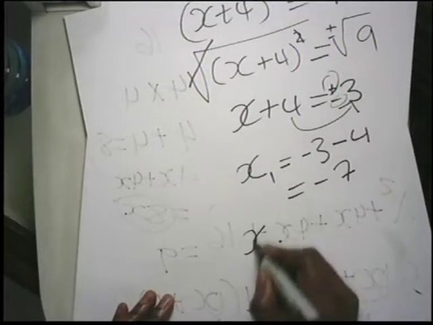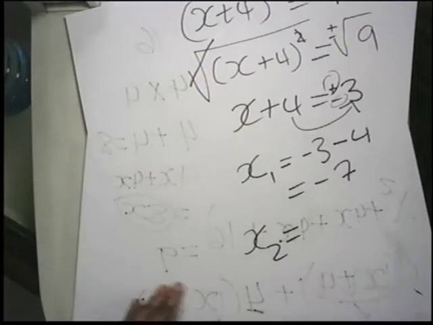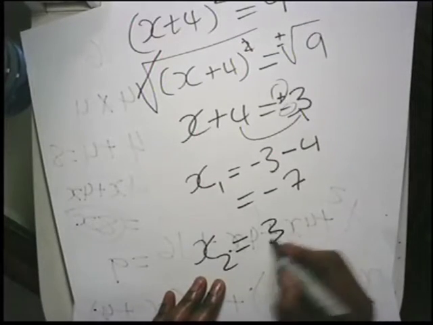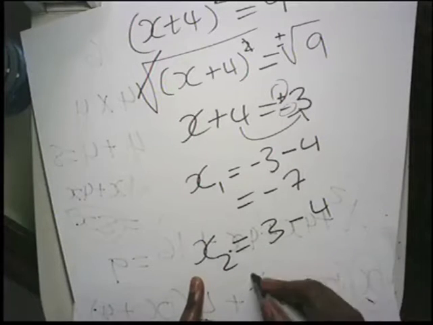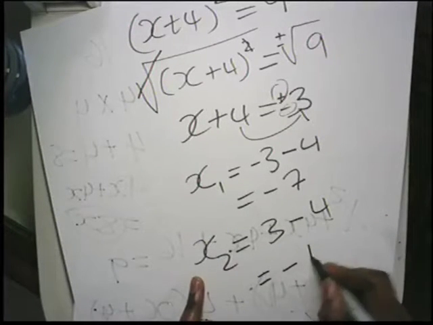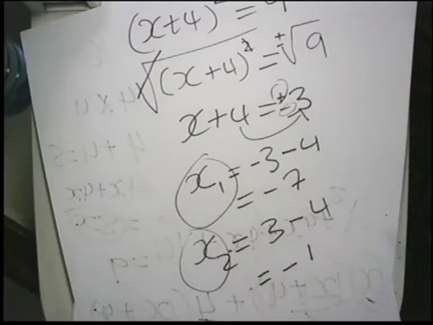Now when we use the positive, it will give us the second x, or the second root. Then it will be 3 minus what? 3 minus 4, this will give us minus 1. So the two roots of that equation are minus 7 and minus 1.